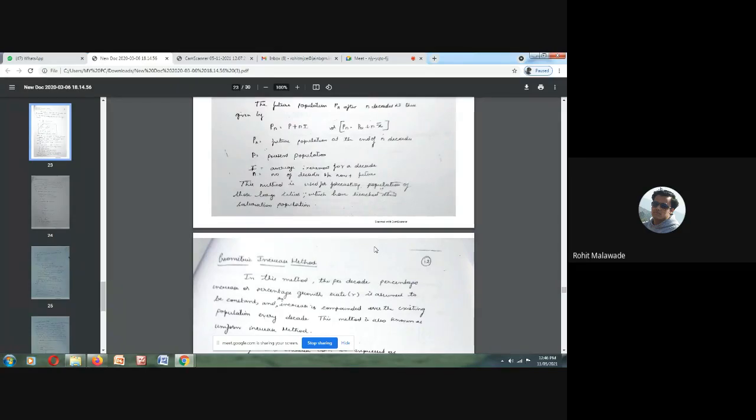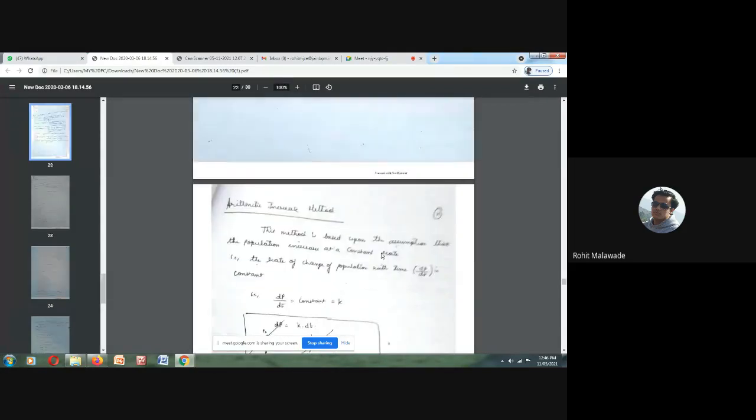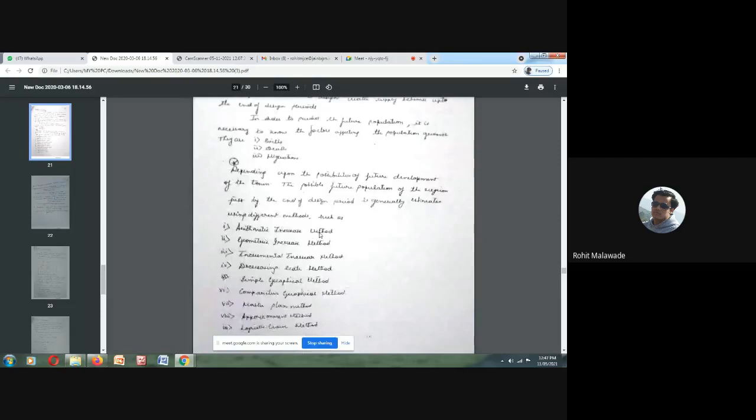So here we will be using the arithmetic increase method, geometric increase method, incremental increase method, decrease growth rate method, and the logistic curve method.